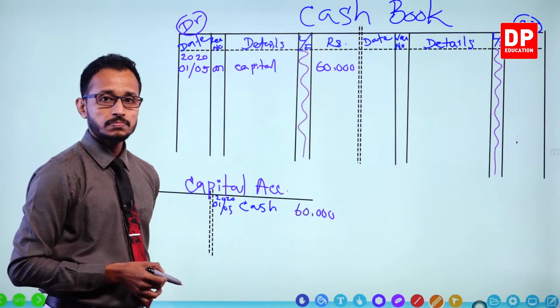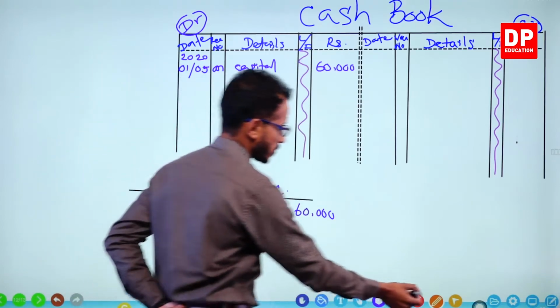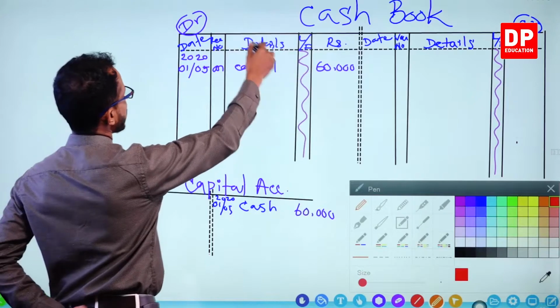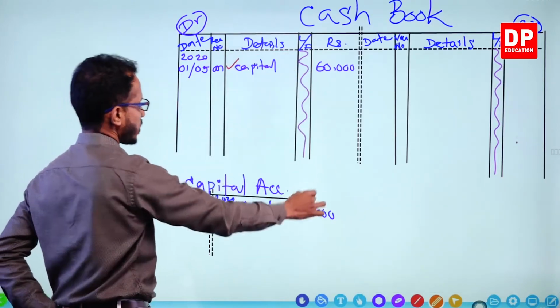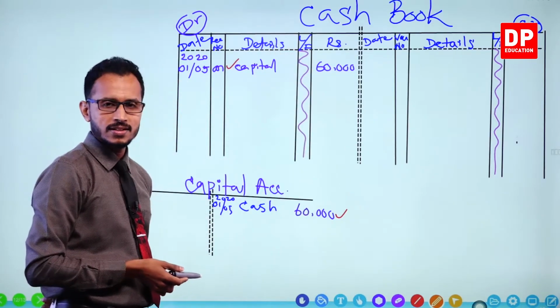Right, double entry done. Double entry is done, isn't it? Debit entry, credit entry. Easy, right?